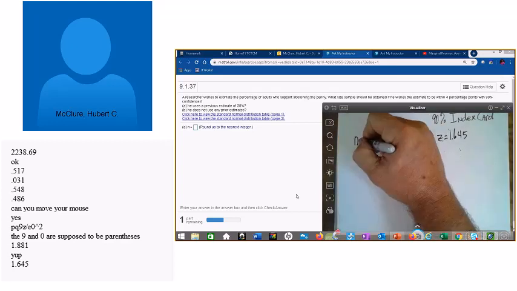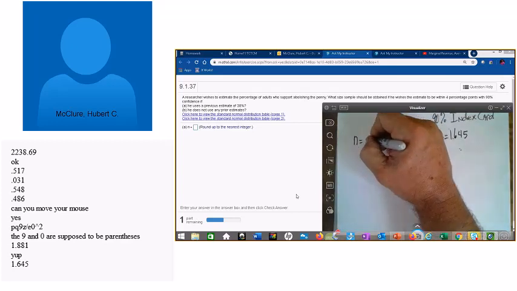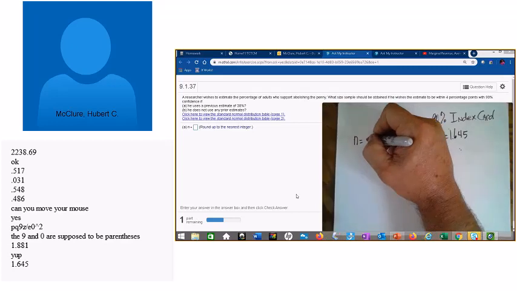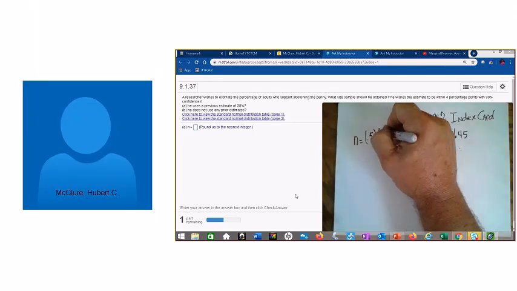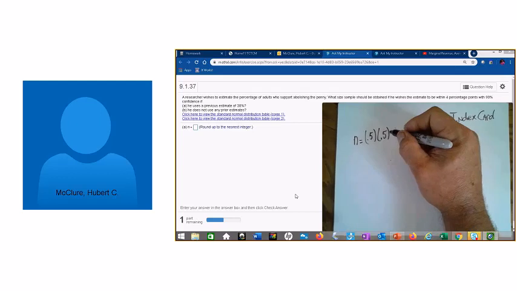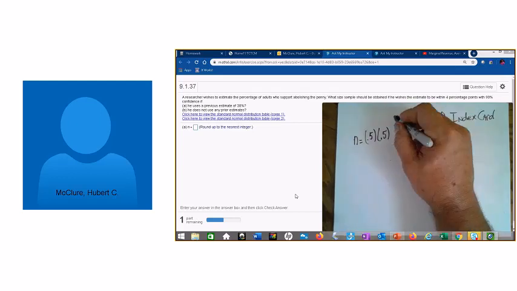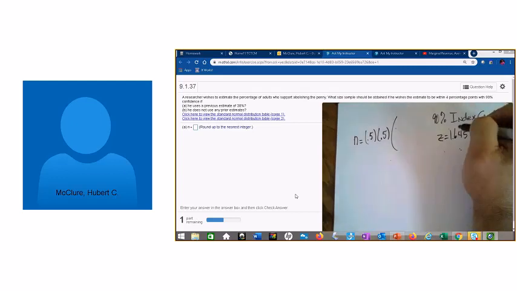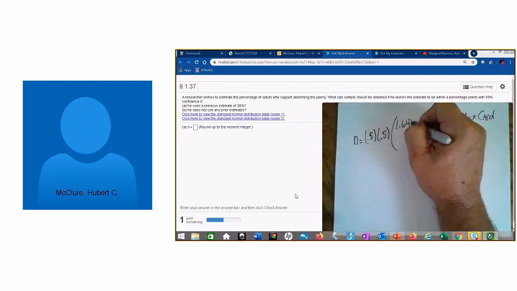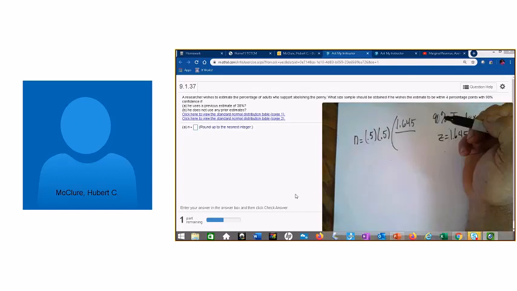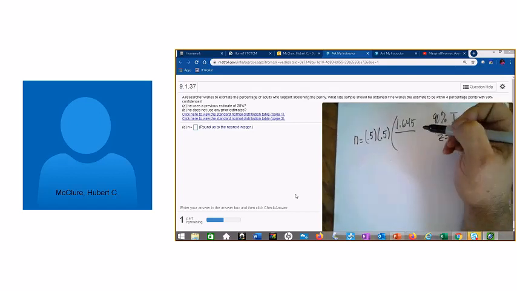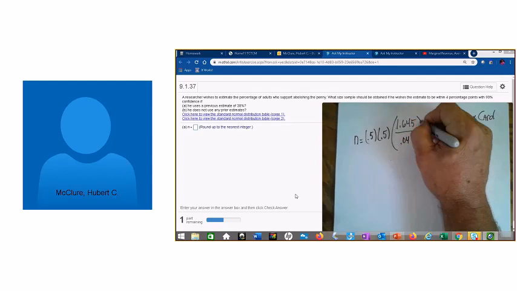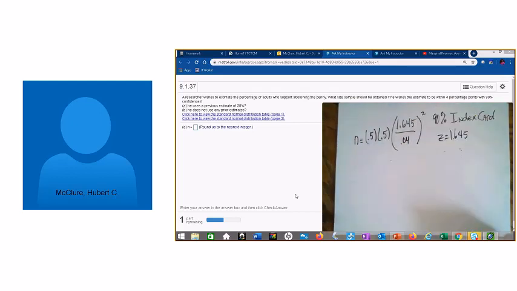n is equal to, okay, they don't have any percentages, so 0.5 times 0.5. I can't believe I just told y'all that a while ago, and that was the question. Times the z-score 1.645 over the margin of error, 0.04, raised to the second power.